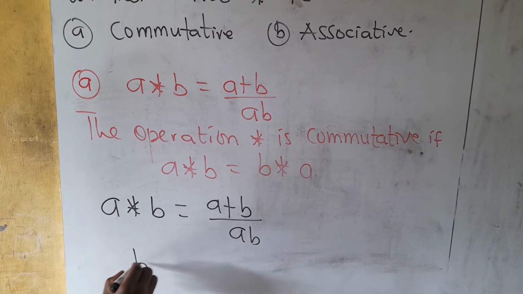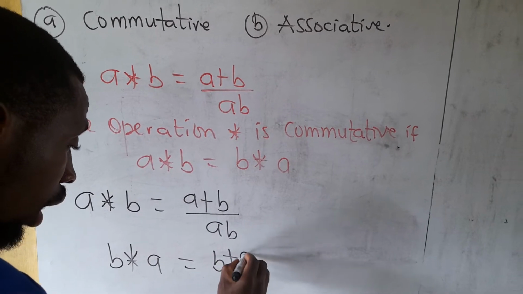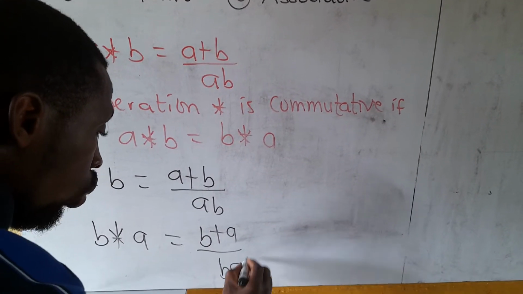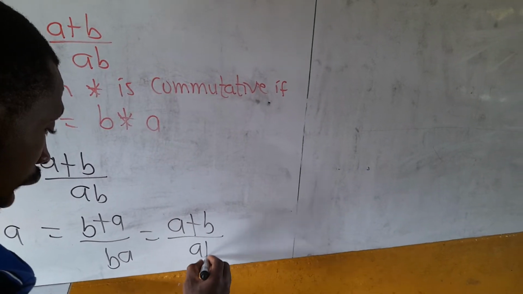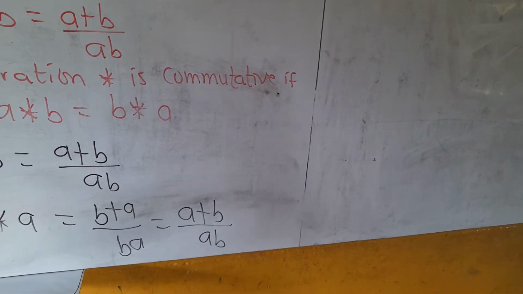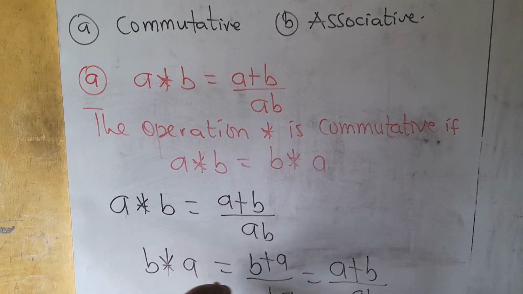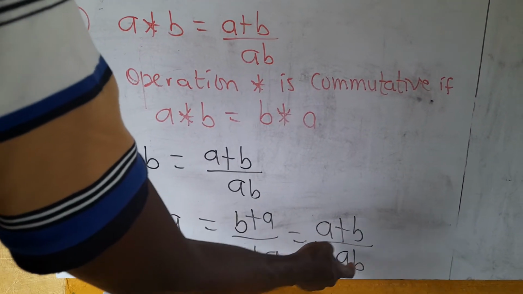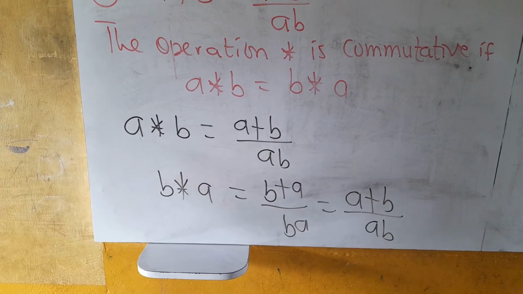And B star A will be equal to B plus A over BA, which we can rewrite as A plus B over AB, and it will not change the value. So we realize that A star B is A plus B over AB, and B star A is also A plus B over AB. Then we can say that A star B is the same as B star A.